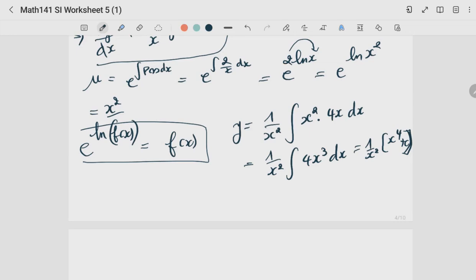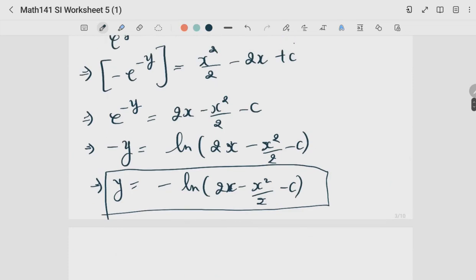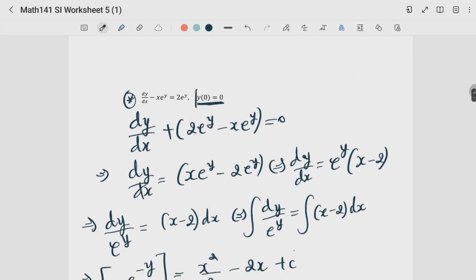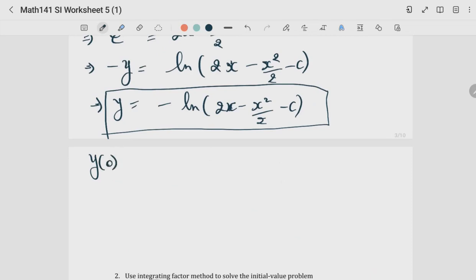And we can just use our initial value now, which tells us that, oh, and my mistake, I think we forgot to do that for the previous problem as well. So in the previous problem, we're supposed to use the initial value that's given to us: y of 0 is equal to 0. So, sorry, going back to this, y of 0 is just equal to negative ln of 2 times 0 minus 0 squared over 2 minus c. And that, we are told, is equal to 0.